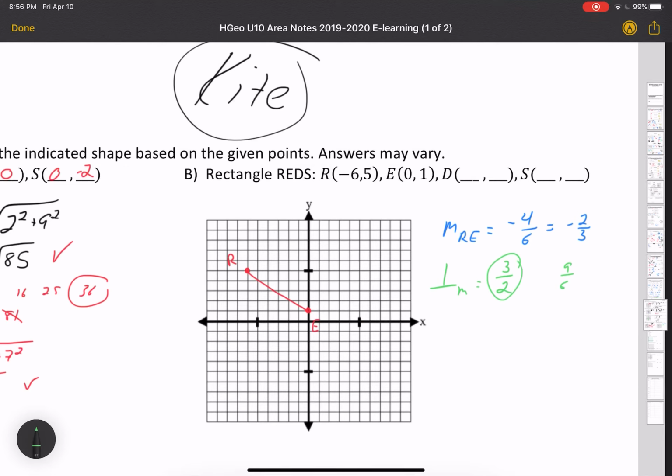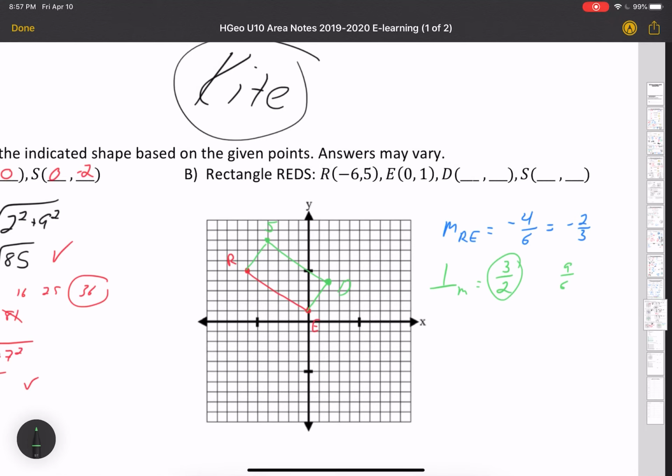So starting at E, I'm gonna go above RE. You could go below. You could go down 3 to the left 2, but I'm going to go above because I'm going to go up 1, 2, 3 to the right 2. That's going to be the coordinate of D. And then from R, I'm going to go up 3 to the right 2, and that's going to be the coordinate of S. And you'll notice this is not a square because all four sides are not congruent.